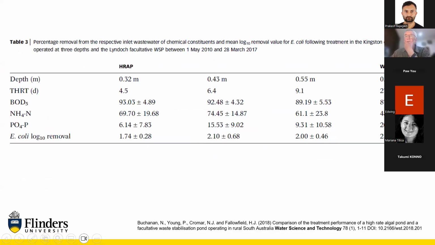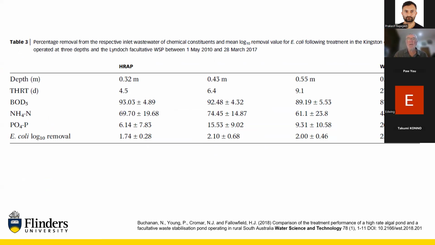Okay, so the question I was asking before we were interrupted by failure of technology: if this experiment was set up to change the depth of the high rate pond, so if you were looking at an algal culture in a vessel with the same surface area, so it's got the same interception area for sunlight, and you increase or decrease the depth, how might you expect the algae to respond?